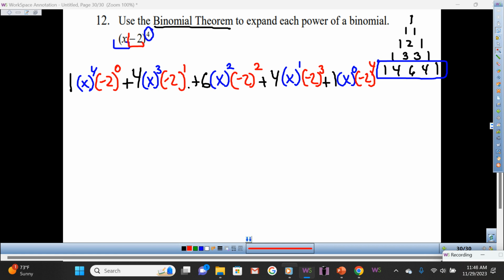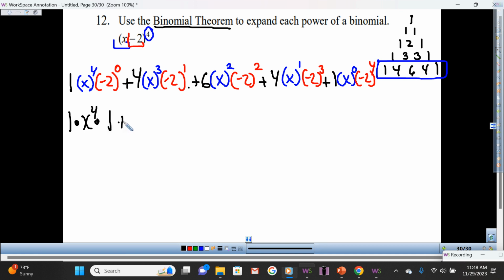All right, next. What do we do next, Mr. Q? Well, we multiply out the exponent. So here we go. I bring down the 1 times x to the 4th is x to the 4th times -2 to the 0, everyone. Anything to the 0 exponent is 1. That is correct.